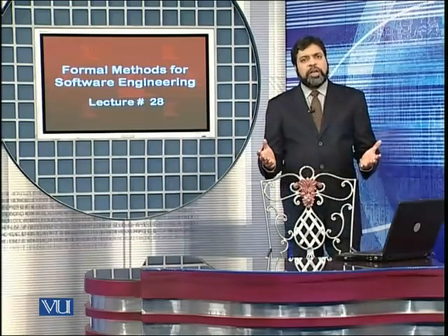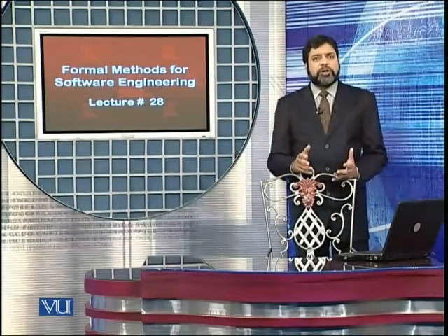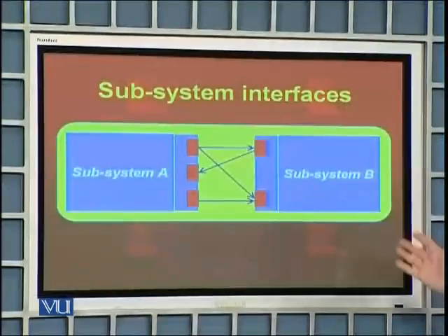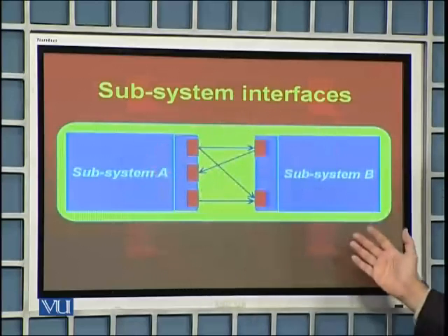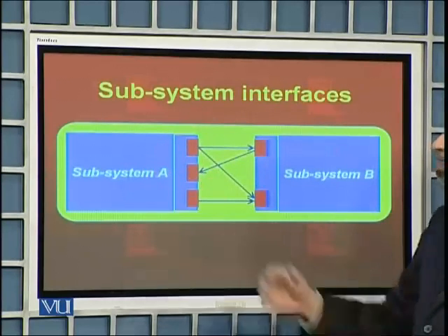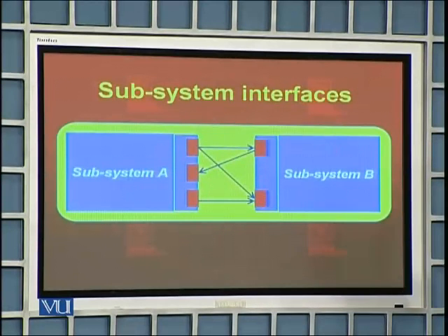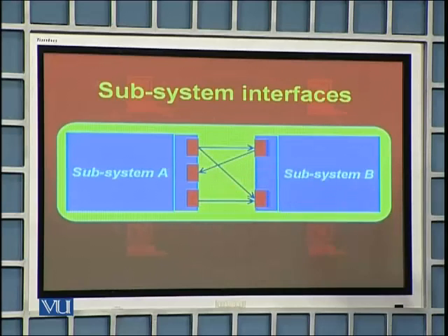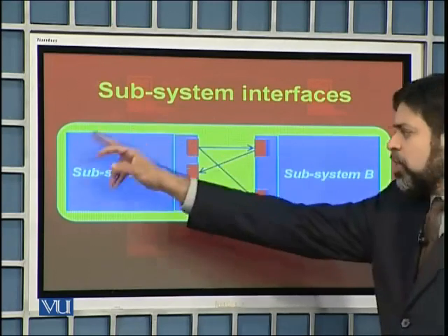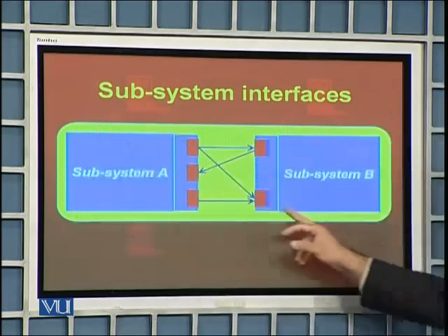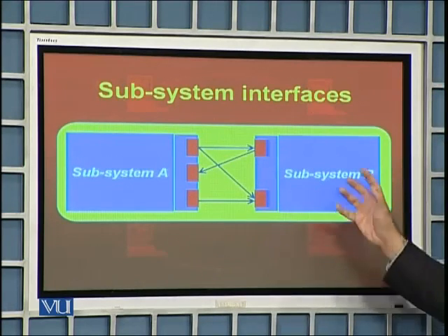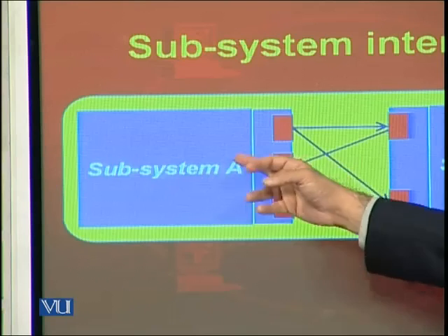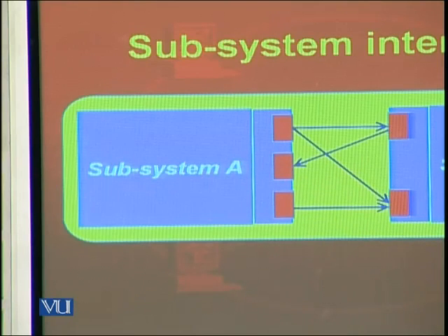So here is a very simple depiction of what we have in the case of algebraic specifications. In order to develop a larger system, we have a subsystem and a second subsystem. We define interfaces for each one of these. Each one of these subsystems is defined in terms of the operations that are supported by it plus what it uses from the other subsystem.